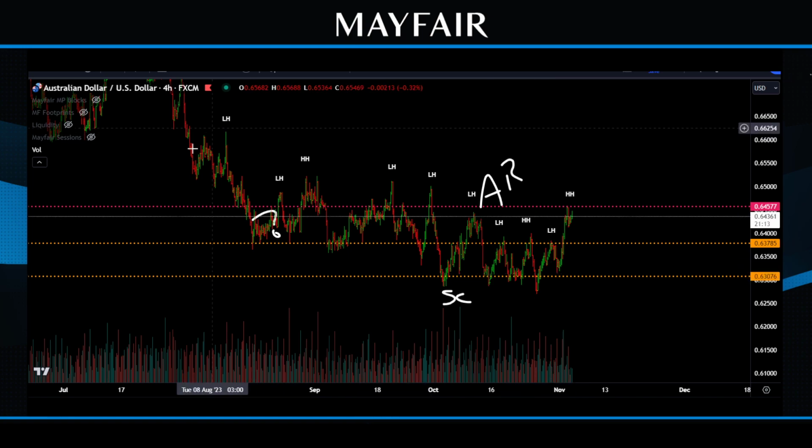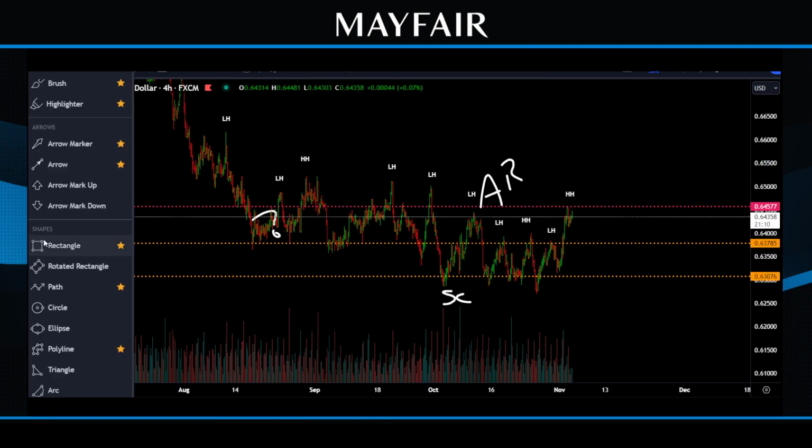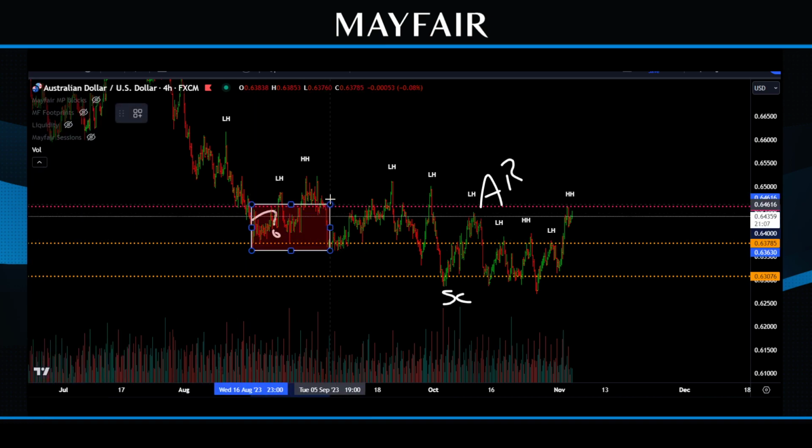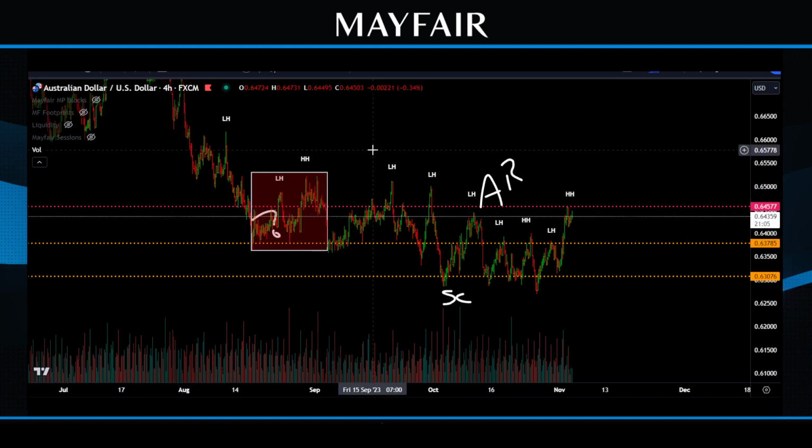So if we look at this and say, okay, let's put this in a box. This gives me some kind of PS zone to look for, right? Price comes up, price creates a new lower low, creating some kind of seller's climax potentially. Now, the other option you have is, could this be a seller's climax?